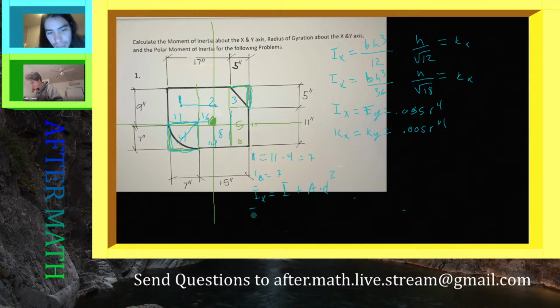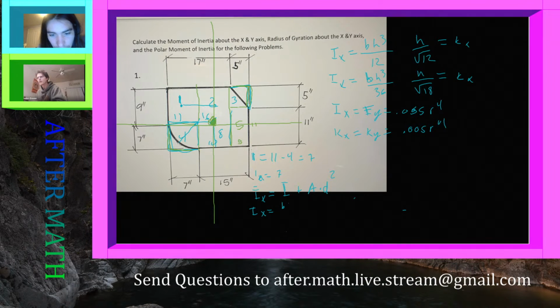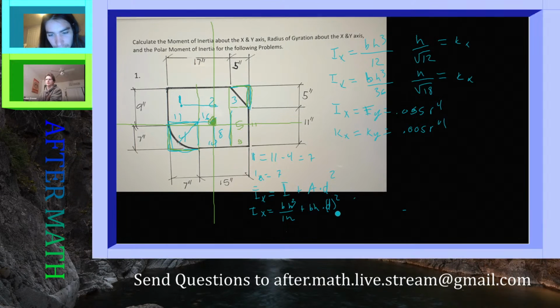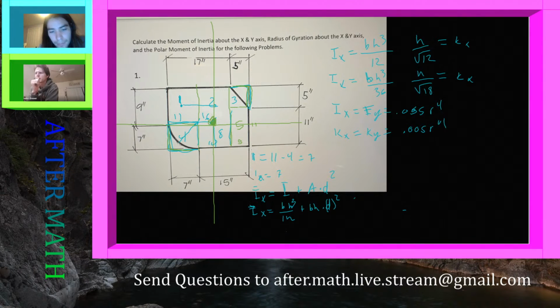So we get I of x is equal to this big thing up here, b h cubed over 12, plus the area of a rectangle, which is base times height, times d squared. Okay? So this is number 1.